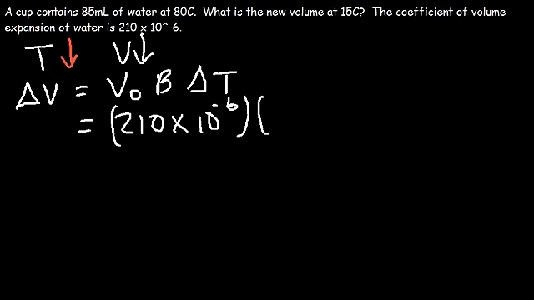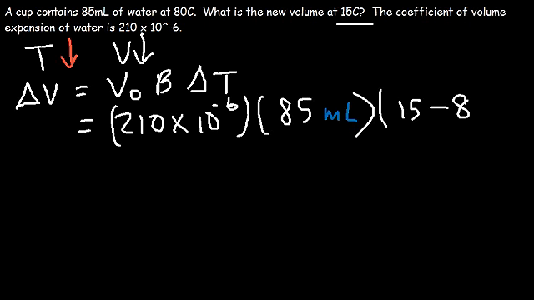It's pretty large relative to the solids. Now the original volume is 85 milliliters. And the change in temperature: the final temperature is 15, the initial temperature is 80, so the change is negative 65, which means that the change in volume will be negative.